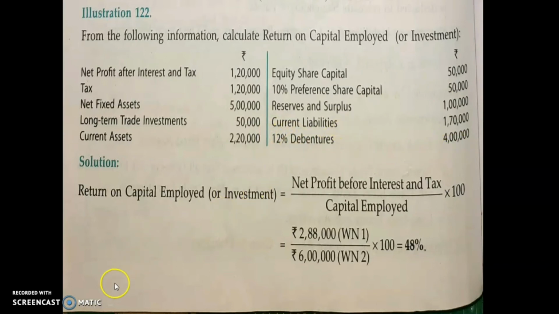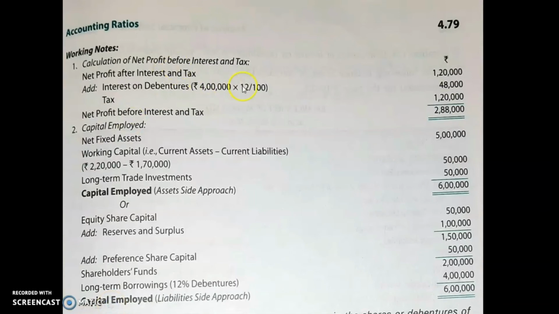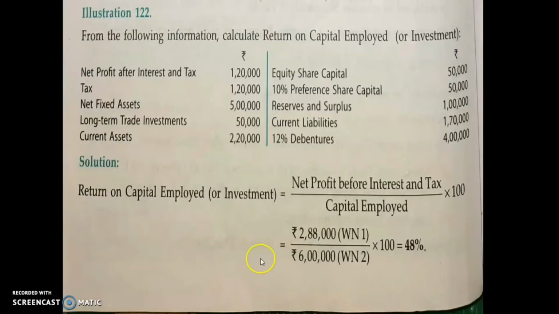So 4 lakh into 12%, you will get the interest on debenture, and calculating that amount will be 48,000. And tax amount is also given in the question, 1,20,000. So add back the amount of interest on debenture and tax to the net profit after interest and tax. The answer whatever you get is your net profit before interest and tax. So 2,88,000, that is the first part of your answer you got.